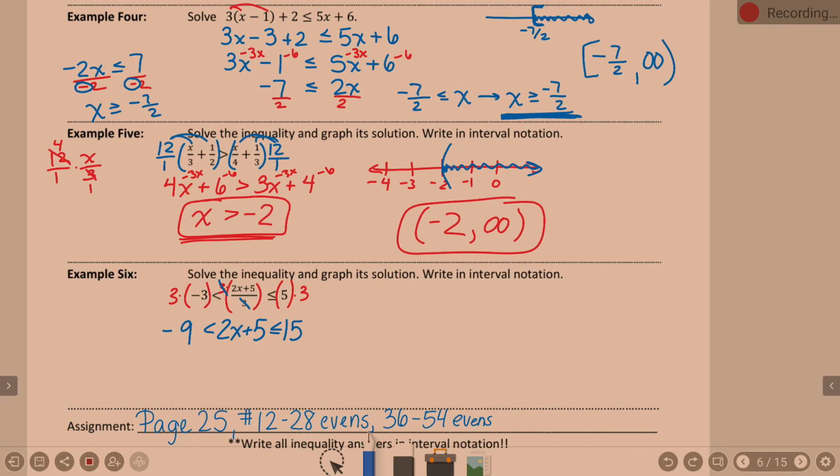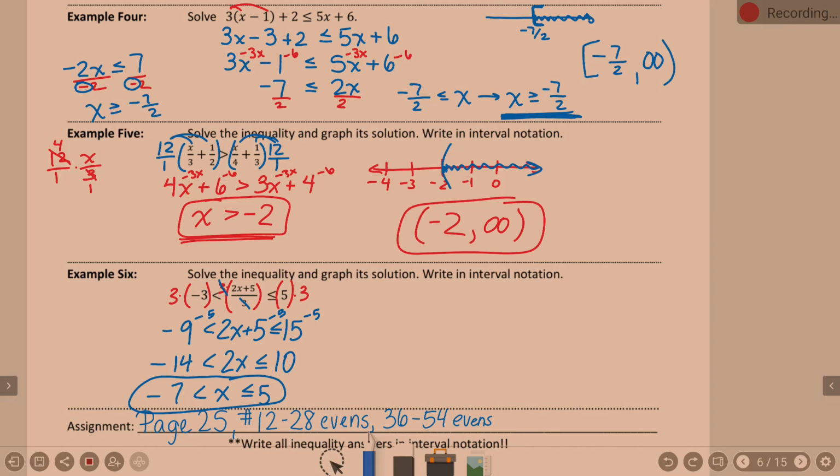Okay, if it's 2x plus 5 in the middle, I'm going to subtract 5 on all 3 pieces. Negative 14, less than 2x, less than or equal to 10. Last step is to divide by 2. I end up with negative 7, less than x, less than or equal to 5.